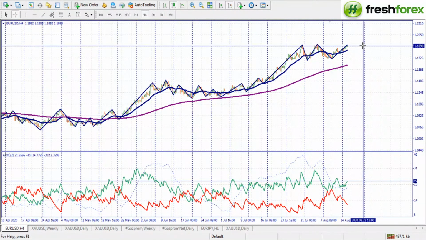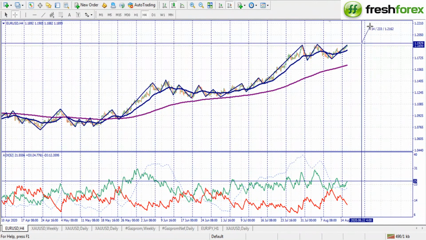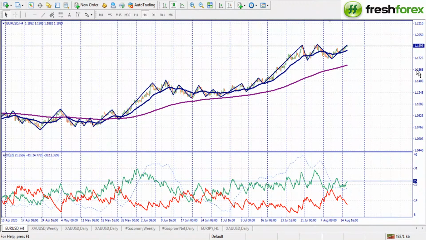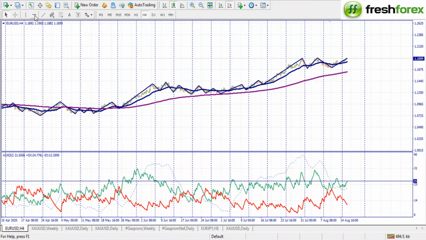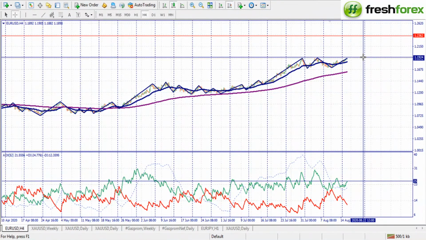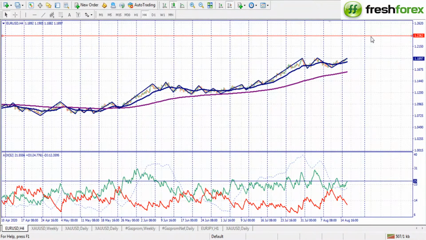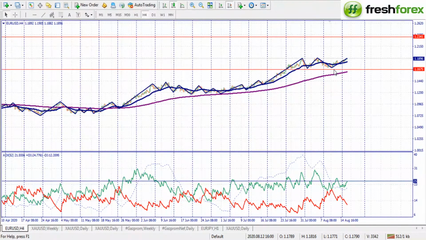The take profit should be at least 424 away from the entry, somewhere around this point, where the stop loss is fixed at this point.